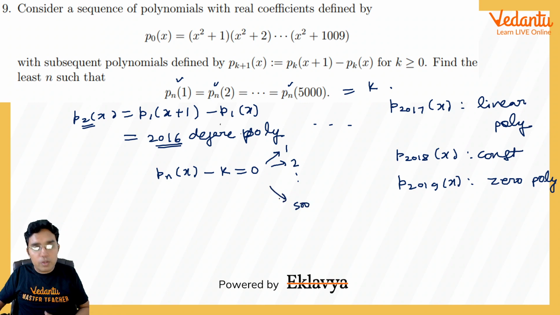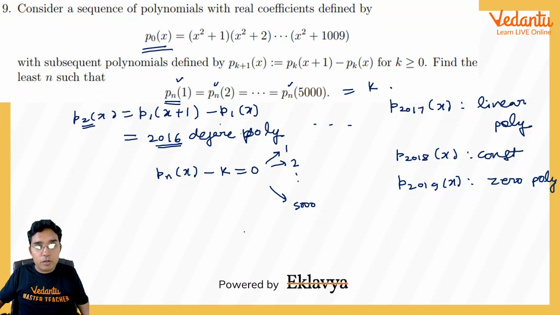But what you can notice here is that even this p naught x is a 2018 degree polynomial. So how is it possible for some n positive integer? I think they are talking about positive integers only, because they have not talked about values lesser than 0. So I will assume this has to be a positive integer. In this case, it is not possible for this to be a 5000 or bigger degree polynomial. So the only possibility is that we should have n such that this becomes a constant polynomial.